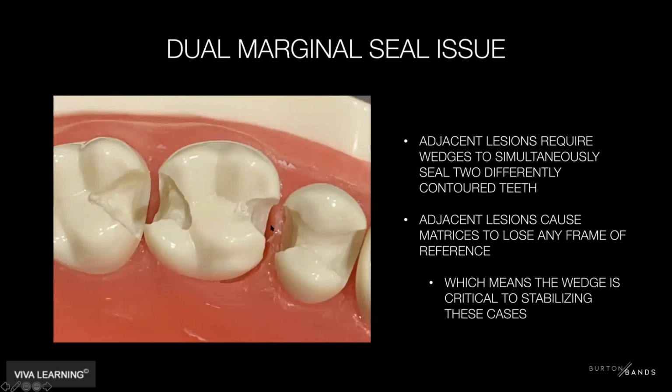One matrix band gets a dent here, and then we're trying to burnish that out, and then did we push it too far into this one? And the wedge plays a key role in stabilizing this, prior to ring placement and during the whole restoration process. And current wedges struggle with this. They kind of come in and bulldoze everything and push everything around, because the matrix bands are just tinfoil.